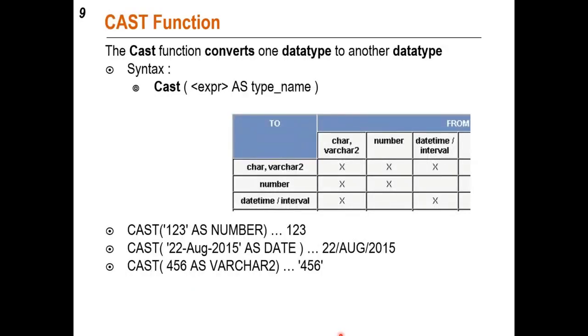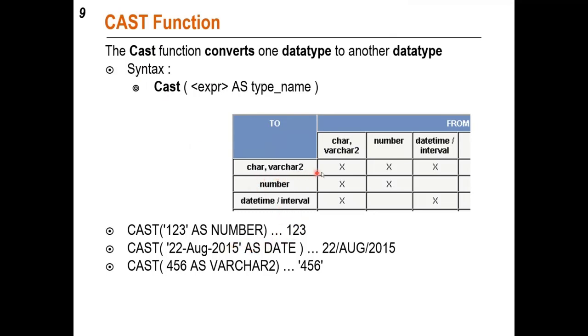This cast function is helpful because sometimes we need to convert certain data types to another type of data. Sometimes legacy databases contain numeric values stored in a string way, so you need to convert them back to numeric. You can use the cast function in that way.